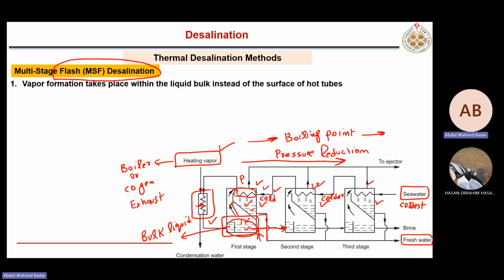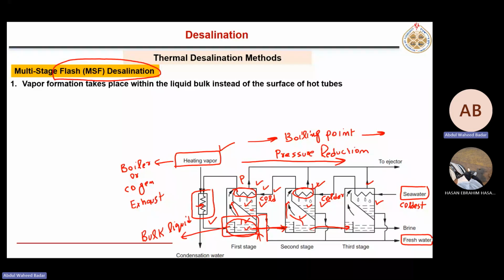So this brine, which is left here, now it will move into the next stage where pressure is further lower. So here, because of the reduced pressure, boiling point is reduced, so some more water vapor will evaporate here. Now this water vapor will come in contact again with this colder seawater coil, and it will be condensed here. So the same will be repeated in the next stage, the third stage.